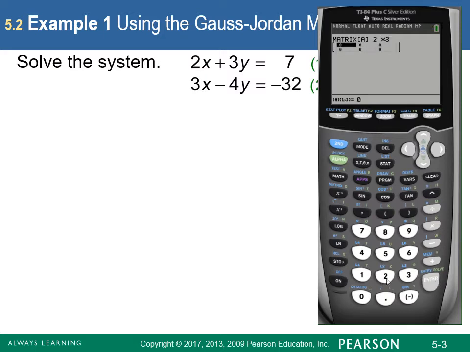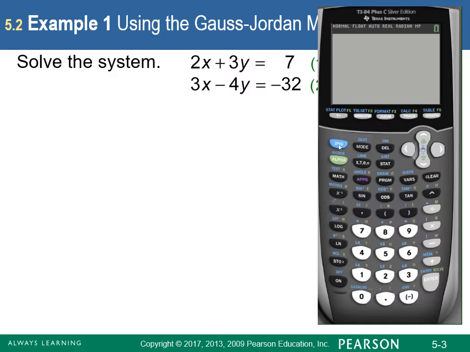And then we'll enter the numbers in the same order as we just wrote. When we're satisfied that all the numbers are correct, we do second quit, and we're back to the home screen.